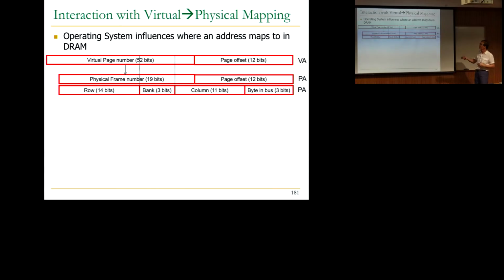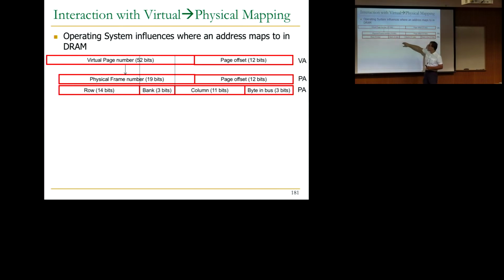Now, the operating system determines this virtual to physical translation. So whenever it allocates a page for a given application, it basically has a virtual page number, and it allocates a physical frame for that application. If it knows that bank bits actually come from these bits in the physical frame number, it can allocate a particular physical row from a given bank.